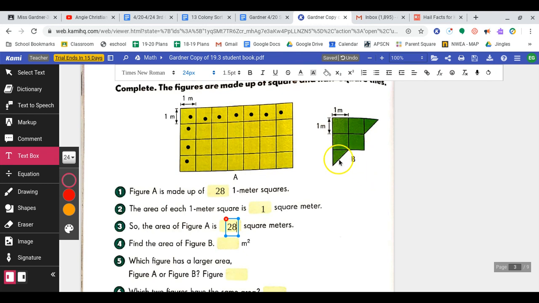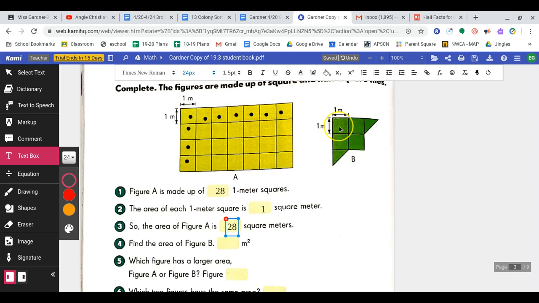Figure B has some triangles. You might remember from last week that 2 of these triangles equal 1 square, in this case, 1 square meter. We were looking at centimeters and inches last week, but right now it's 1 square meter if you put those 2 triangles together.